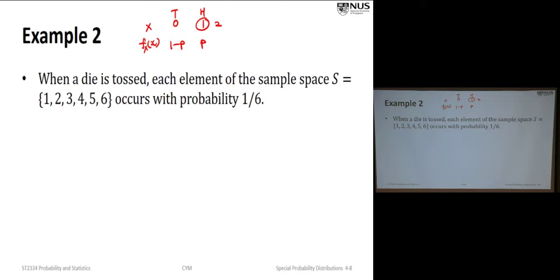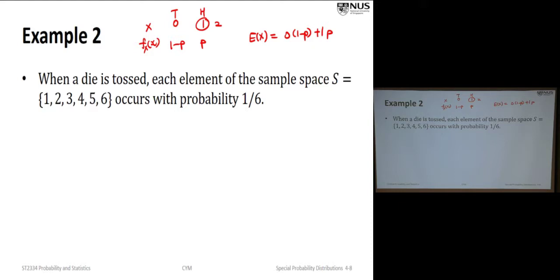Okay, now how to get the expectation of x? The value 0 times the corresponding probability 1 minus p. Then another value. What's another value? 1. What is the chance? p.